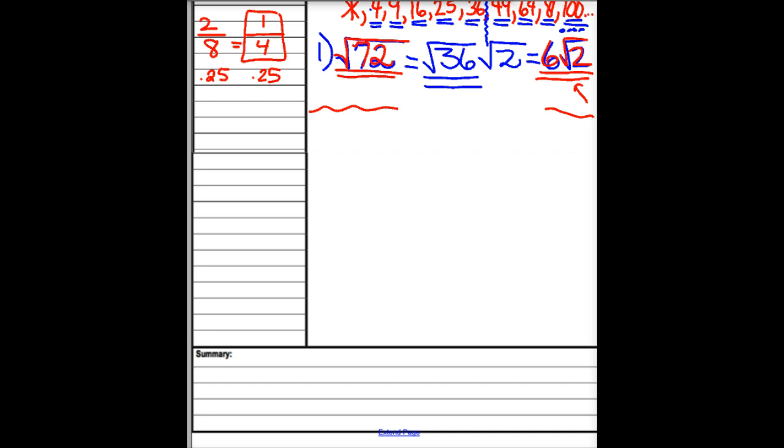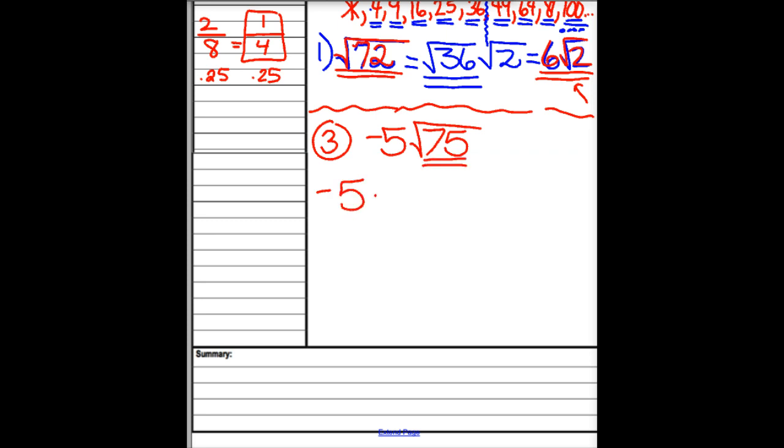So one last one, and then you can go grab the worksheet for this lesson as a quick little problem set. I would suggest trying this one on your own, then pause the video and come back and see how you did. So the number out front stays there. I'm in search of the perfect square that's hiding in 75, pretty clearly a 25 if you can spot your factors. 75 is 25 times root 3.